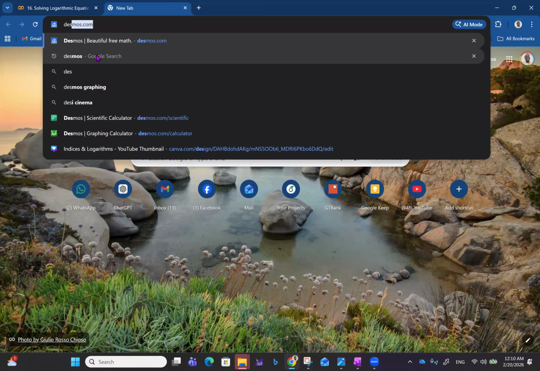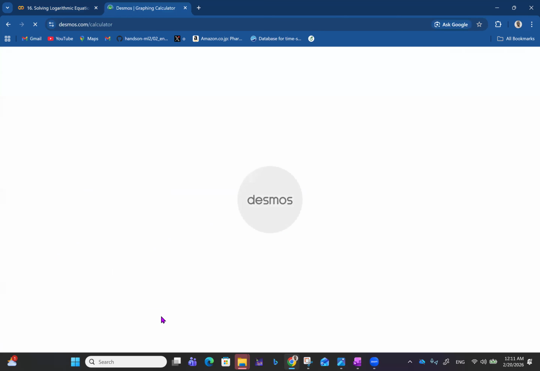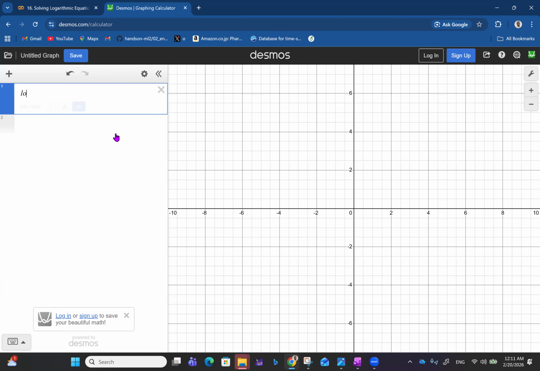So we have log of (square root of 11 − 1) plus log of (square root of 11 + 1).